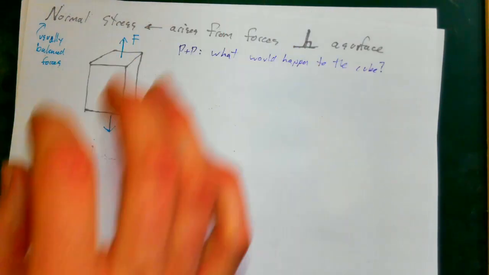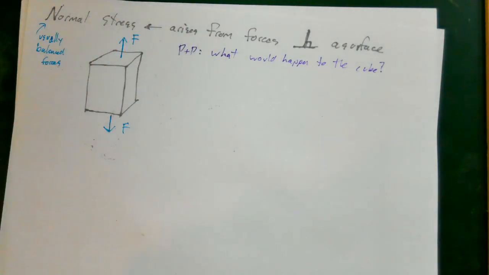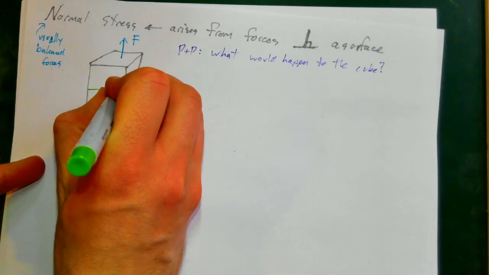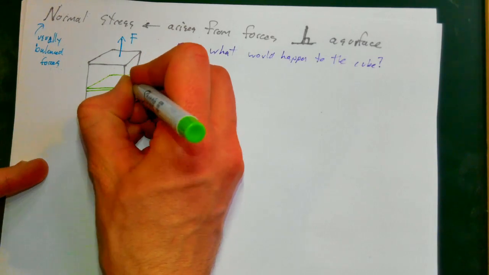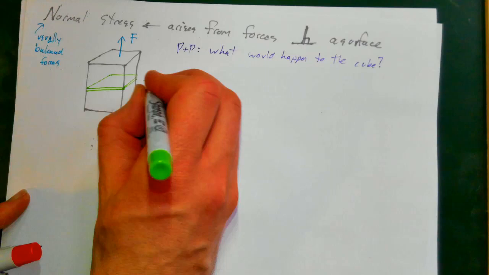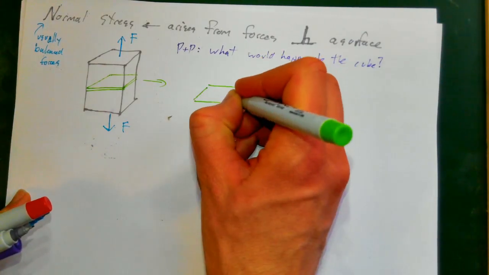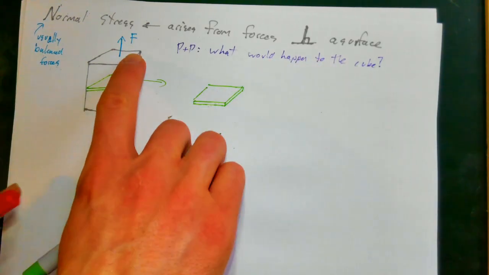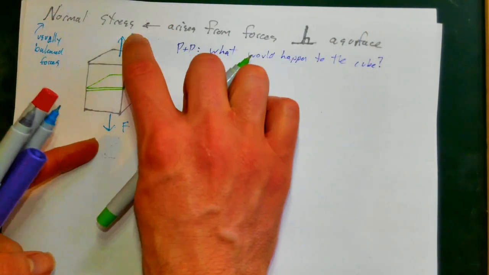So in this case of equally balanced forces, you can imagine a slice of this material right here. When I look inside the material, forces are something that we apply on the scale of a whole object.